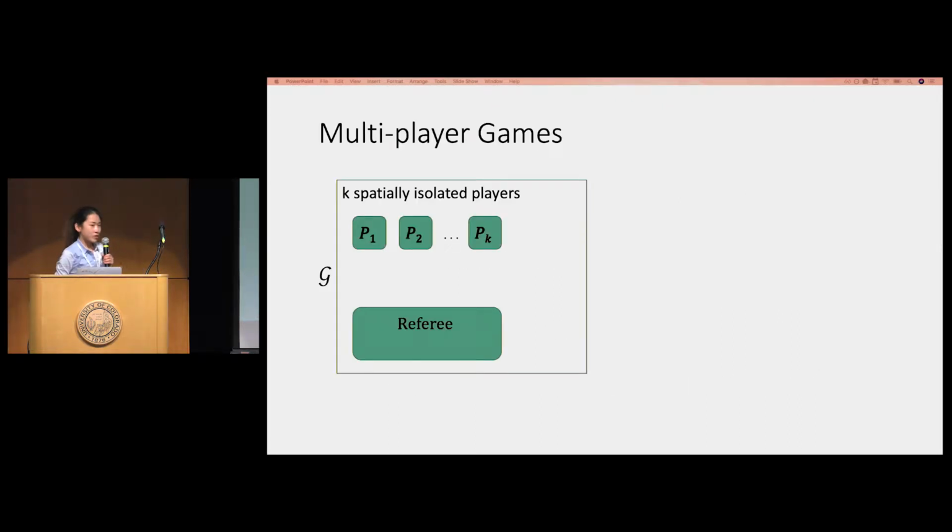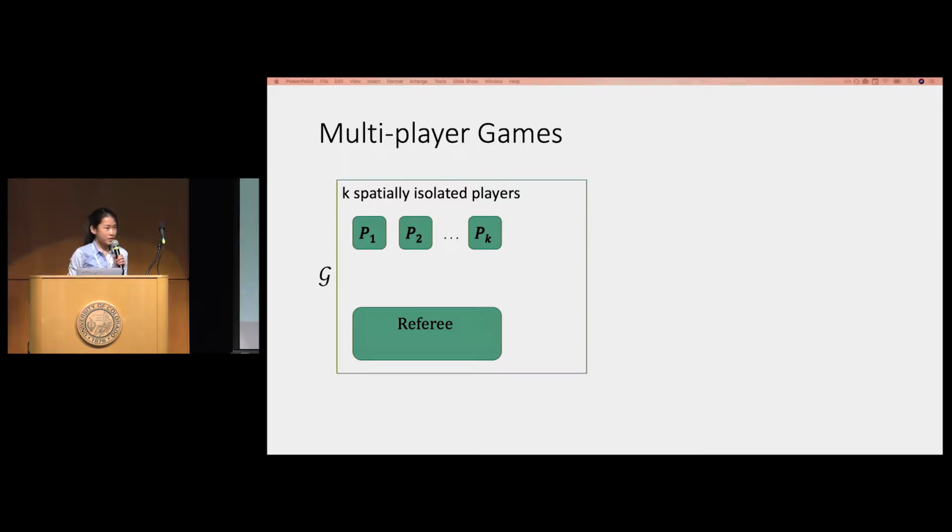First, I want to start by talking about multiplayer games, which I'm sure many of you are familiar with, but let's go through what a multiplayer game G is. A multiplayer game consists of k spatially isolated players, P1 through Pk, and a referee.